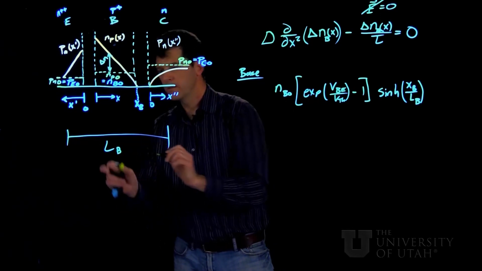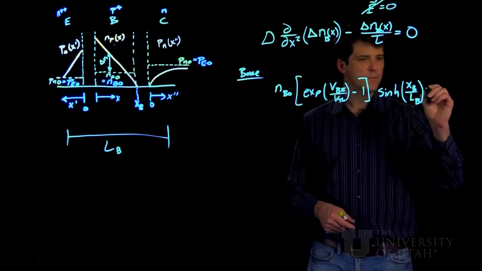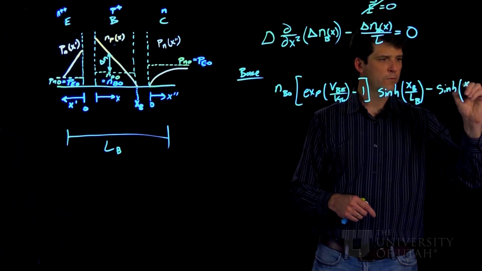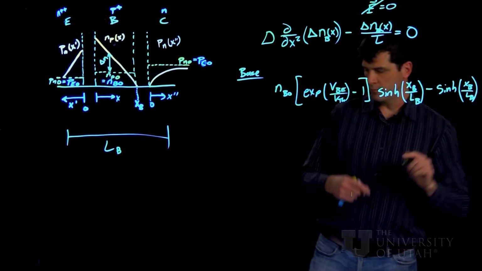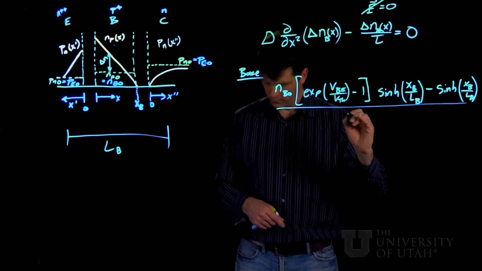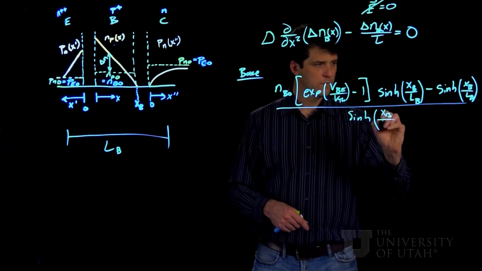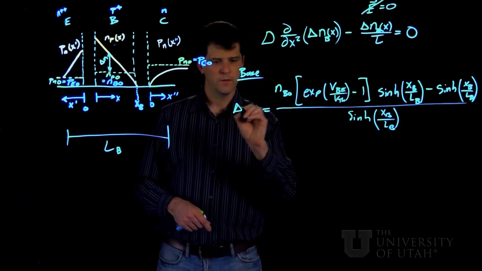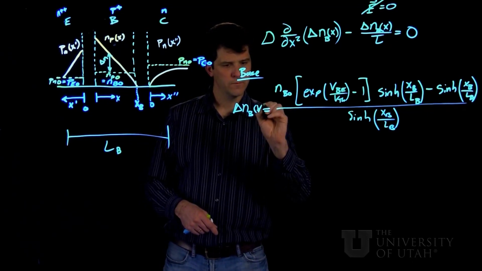So it's the minority electron diffusion length in the base. Then all this term minus another sinh. And this is the same form of equation that we ended up with, remember, for short p-n junction diodes. And then all of this over a third sinh. Okay, so this is our delta N_B of voltage.